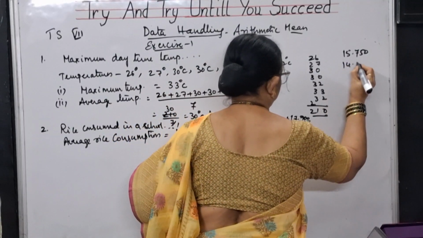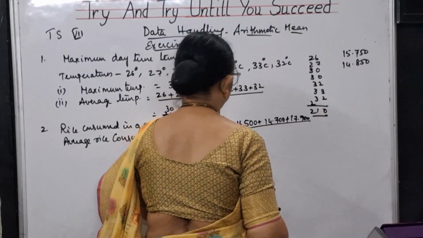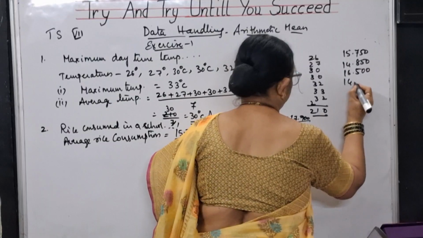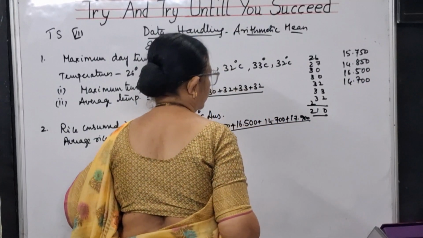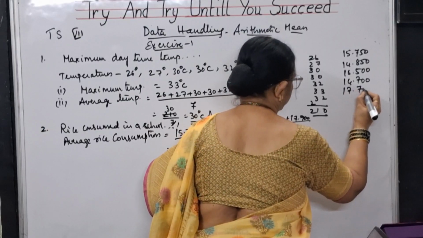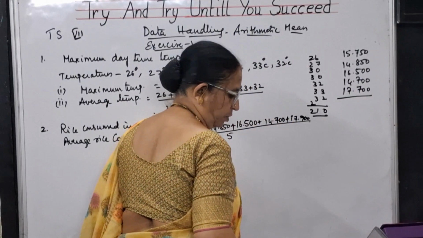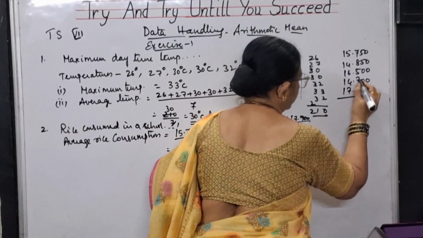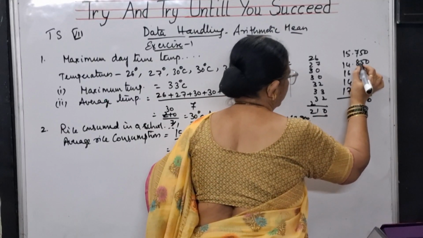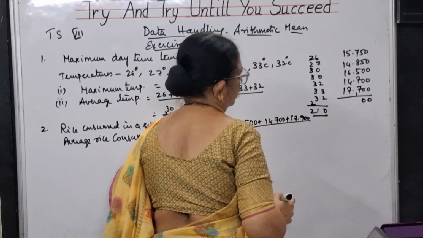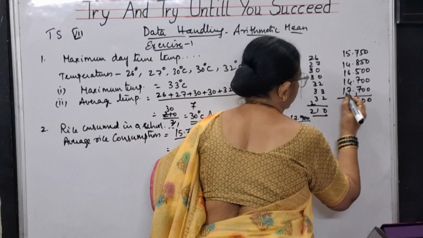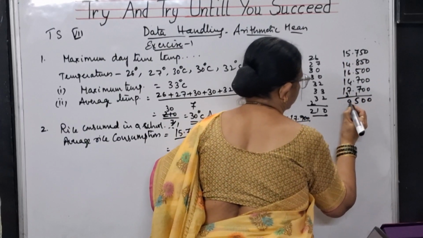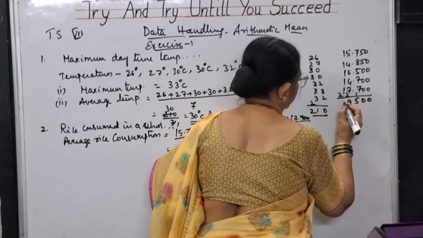15.750, 14.850, 16.500, 14.700, 17.700. Okay, so here you'll be getting zeros. Adding column by column, we get the total.